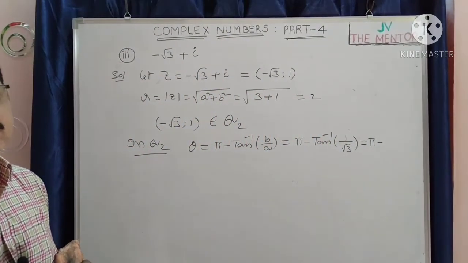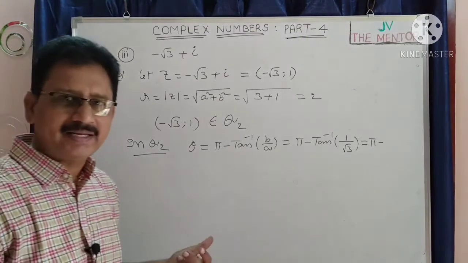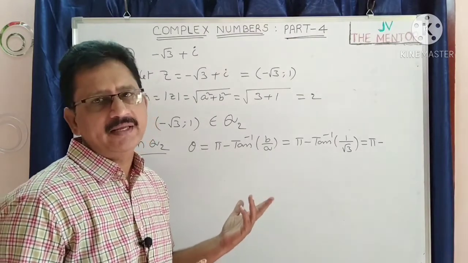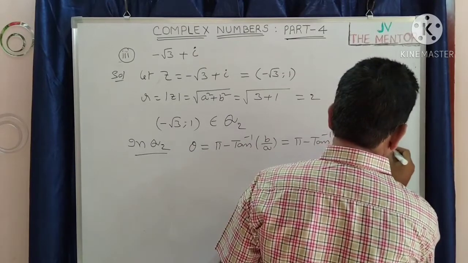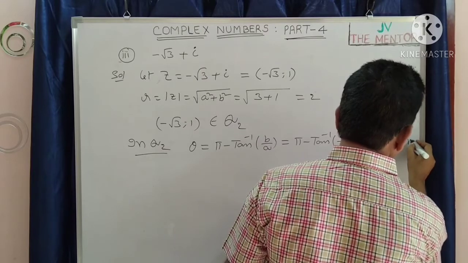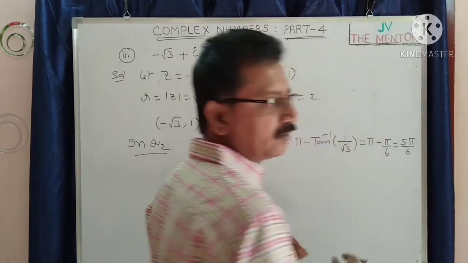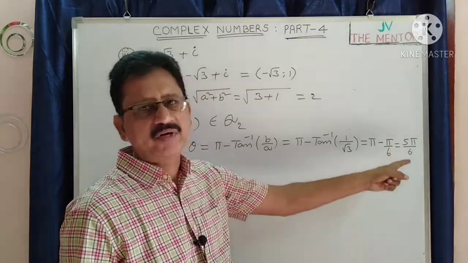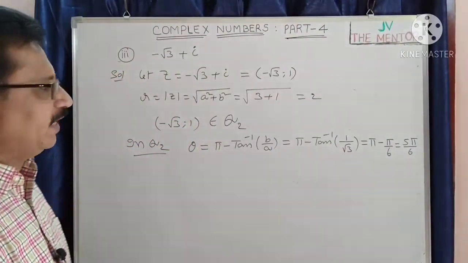Tan inverse 1 by root 3 is pi by 6, that is tan 30. Tan 30 is 1 by root 3. 30 in radians is pi by 6. So pi by 6. Here taking LCM 6, that is 6 pi minus pi, 5 pi by 6. The value of theta is 5 pi by 6.